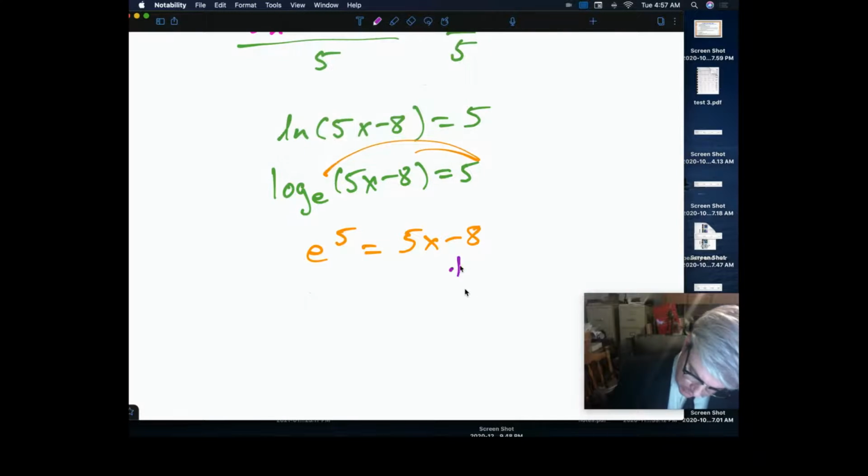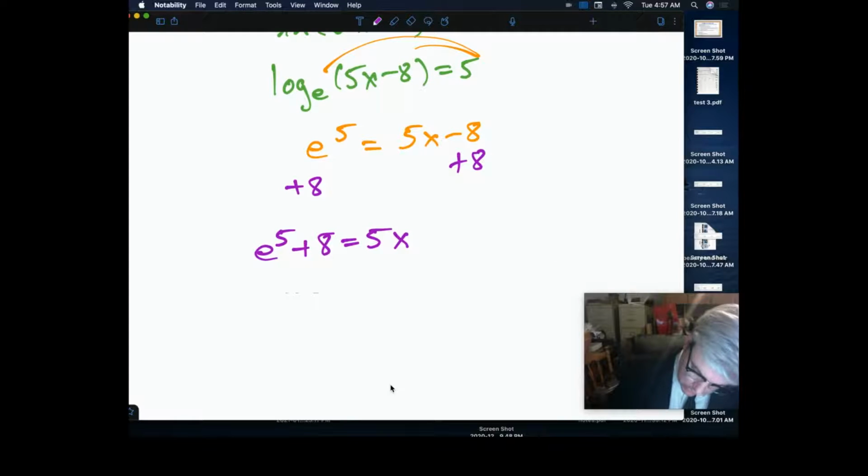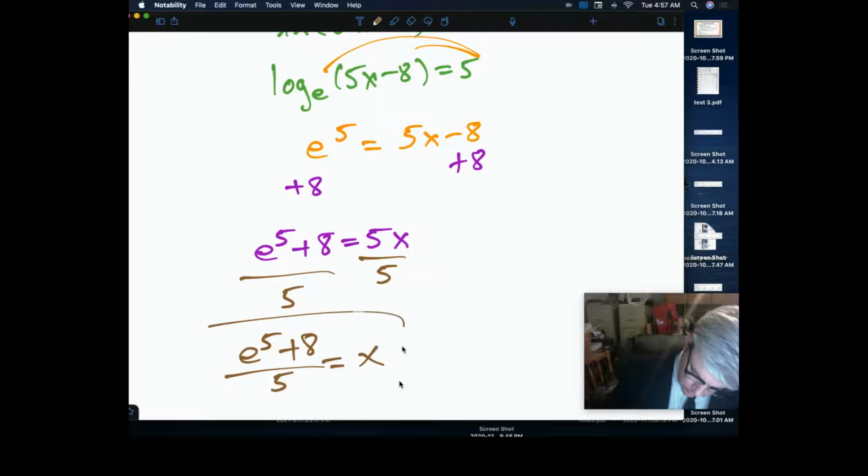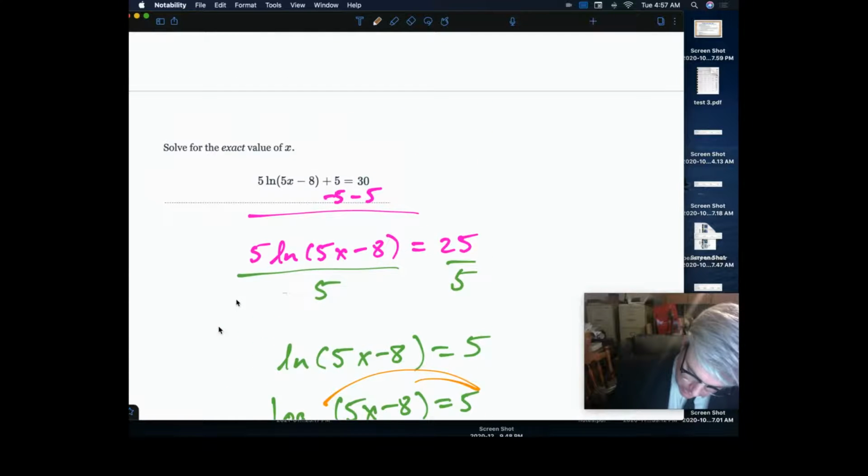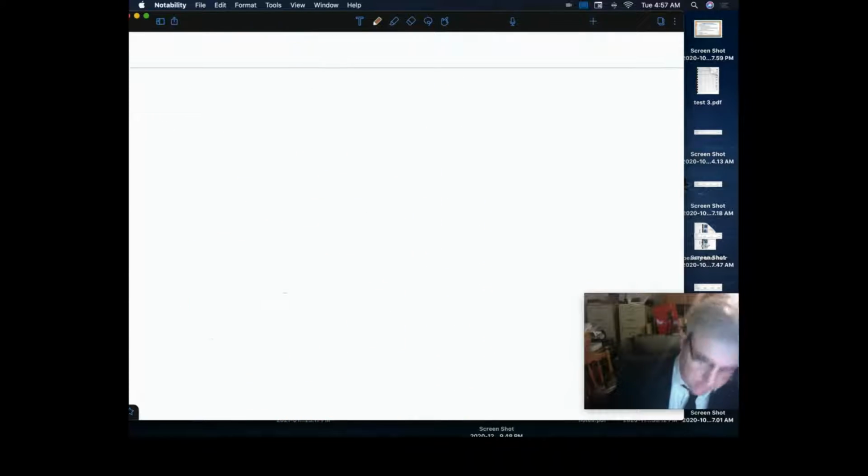So we're going to add 8 to both sides, and then divide through by 5. And there's my answer. So hopefully that's okay. On to the next one.